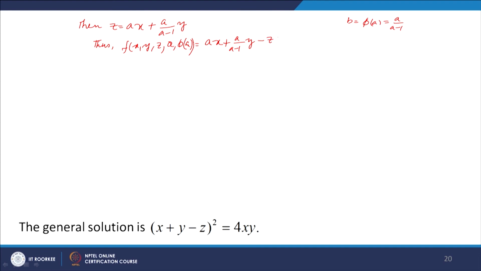So, let us now determine the partial derivative of f with respect to a, and we get x, and a over a minus 1 can be written as 1 plus 1 upon a minus 1. Okay. So, when we differentiate a over a minus 1 with respect to a, what I will get is minus 1 upon (a minus 1) whole square into y equal to 0. So, let us put this equal to 0, then what we will get?